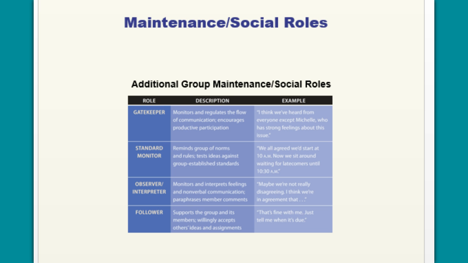Everybody should be doing that. So for example, the gatekeeper is a person who helps keep the flow of communication going, invites people to participate. Don't have that just reserved for the leader within the group. That should be something that, as an effective group member, you should engage in all of these. And then if everybody does, you'll tend to have a much better response for the group as a whole.